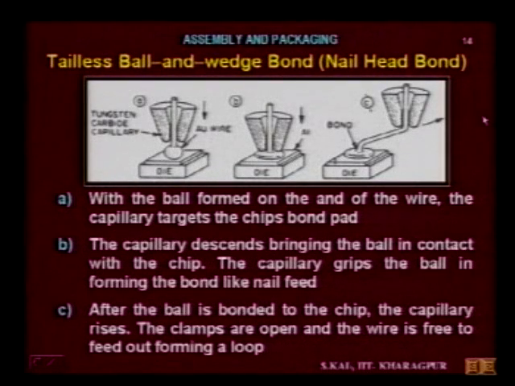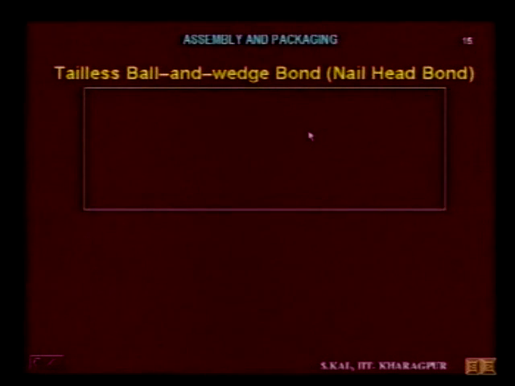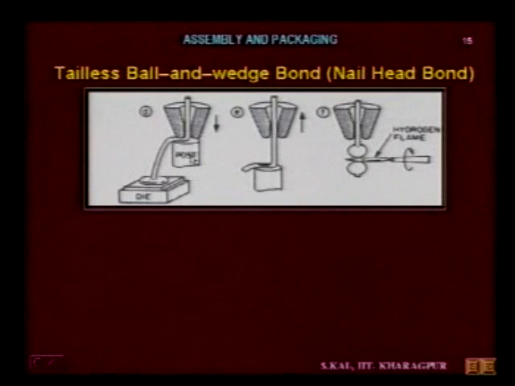Now if you move it, you can see a loop here. So from the bond which is pressed on the bond pad, a loop is formed, and then you are shifting the bond head onto the post.